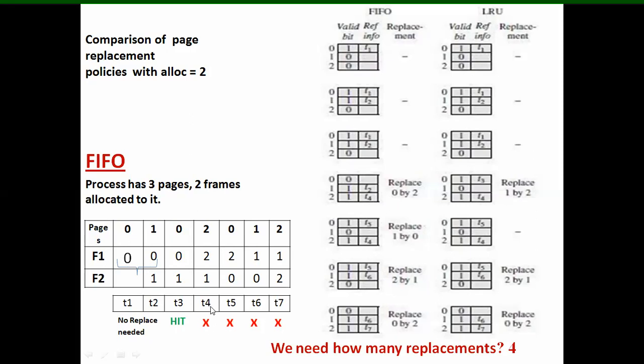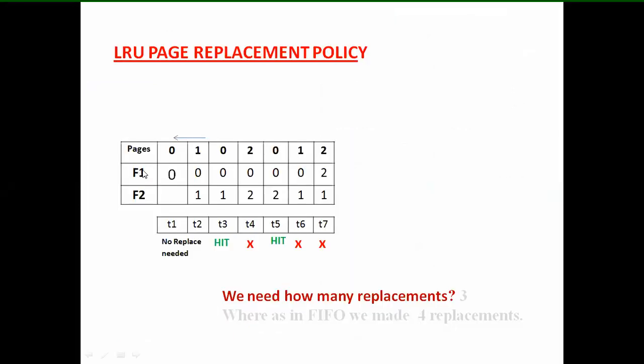For easy understanding, I've written the same table, where this one is the first in first out algorithm and here is the least recently used page replacement policy. One table is for first in first out, and this is the table for least recently used.